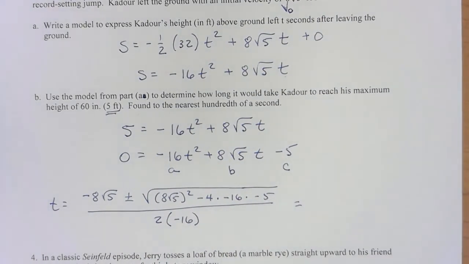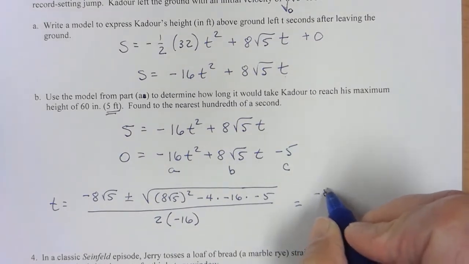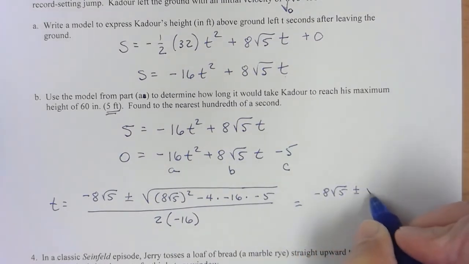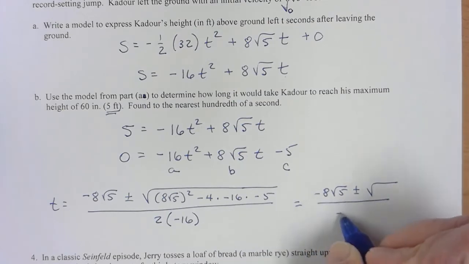Alright, so that would be a negative 8 square root of 5 plus or minus something, all over negative 32.